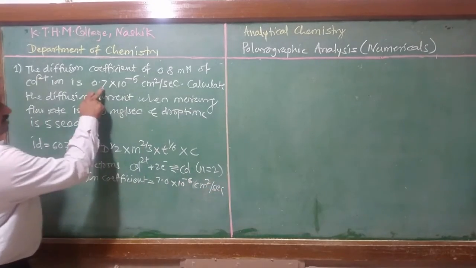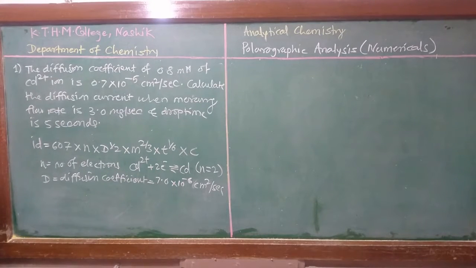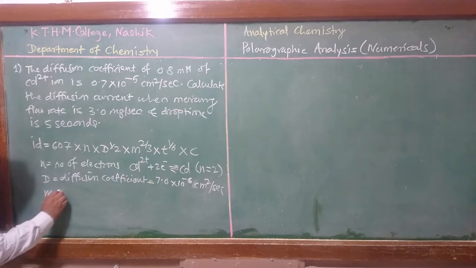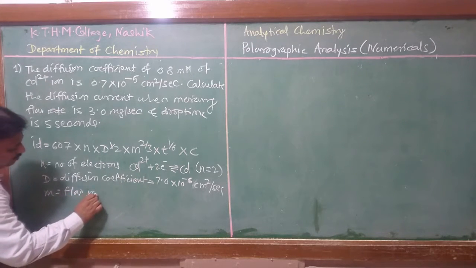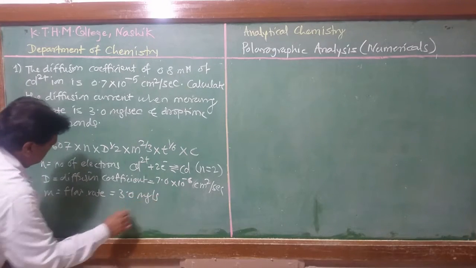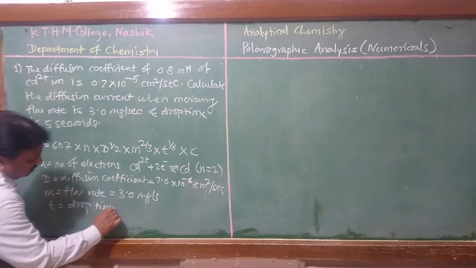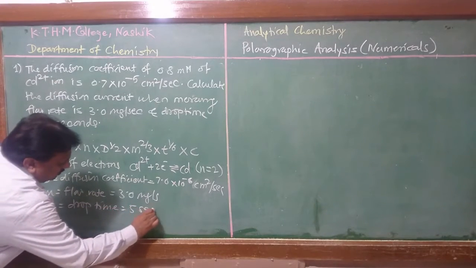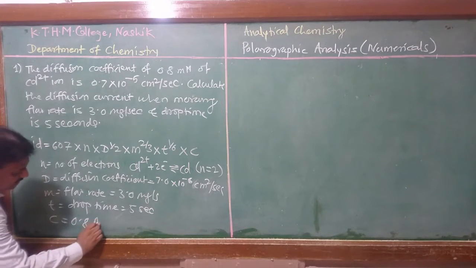We convert this value into 7.0 into 10 raised to minus 6 square centimeter. m is the mercury flow rate, equal to 3 milligram per second. t is the drop time and is equal to 5 seconds for a single drop. C is the concentration in millimole, that is 0.8 millimole.